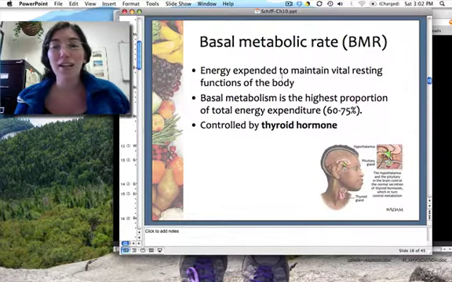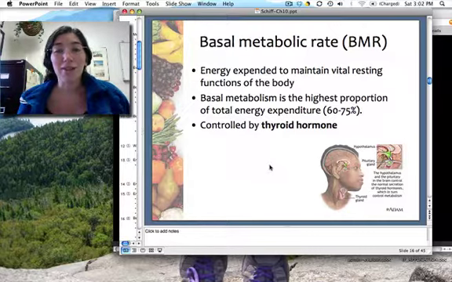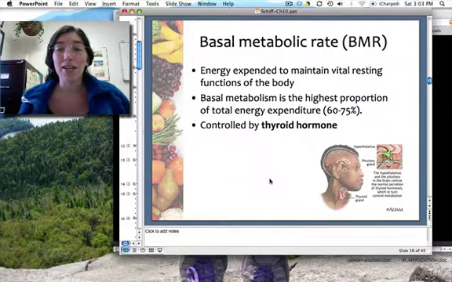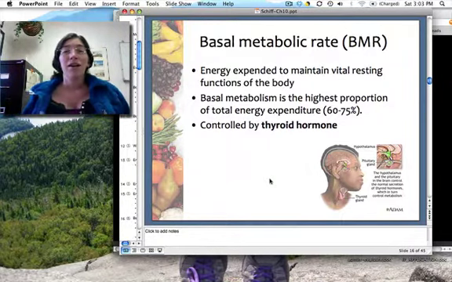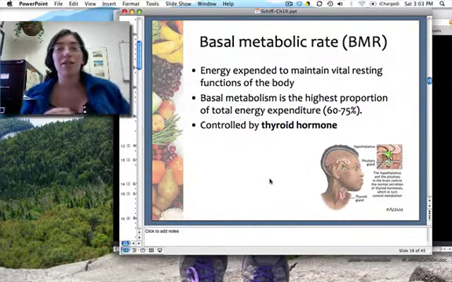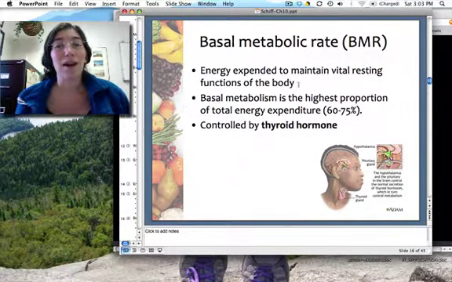It's defined as the energy expended to maintain vital resting functions of the body. This is literally in order for your cells to function. It's the rate of your metabolism after you've been fasting and resting for 12 hours.